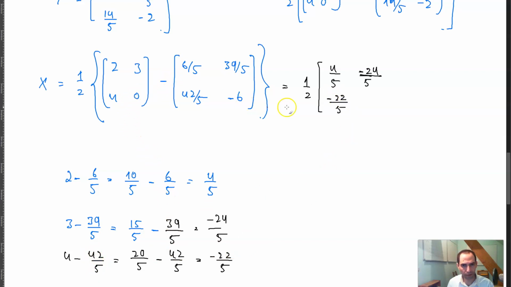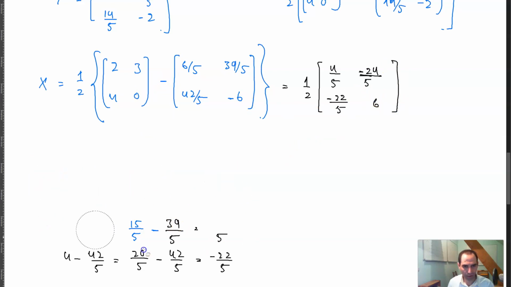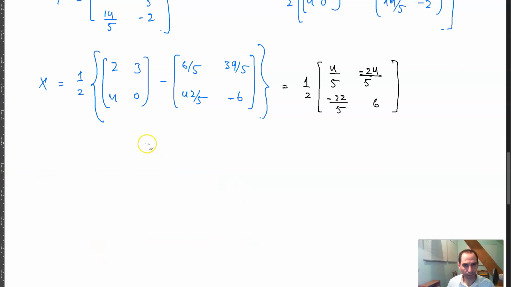And that's a 6. So that is 1/2 times 4 fifths, which is 2 fifths. And 24 divided by 2 is negative 12 fifths. And negative 11 fifths, and 6 divided by 2 is equal to 3. So that is your x.